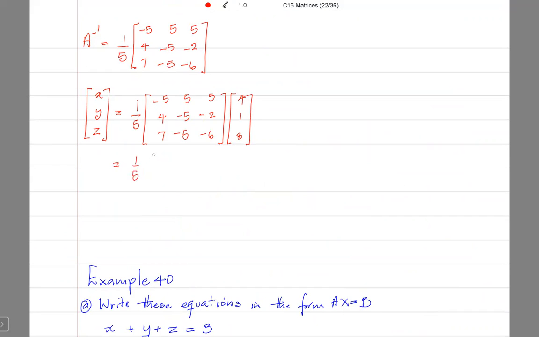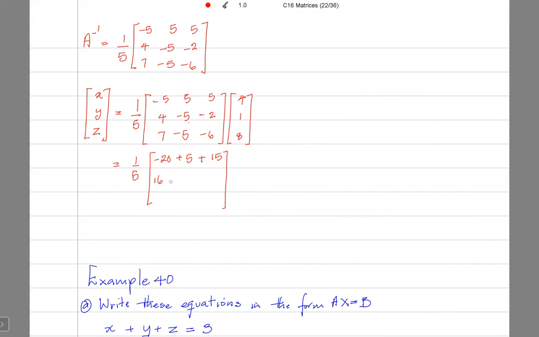1/5, row by column, minus 20. 4 times minus 5. 5 times 1 is 5. 5 times 3 is 15. That looks like a 0. Middle row, 4 times 4 is 16.